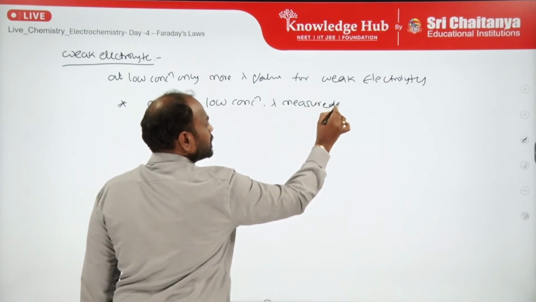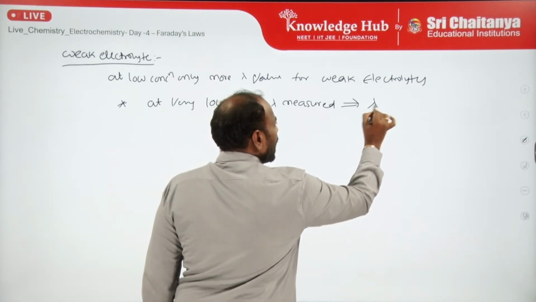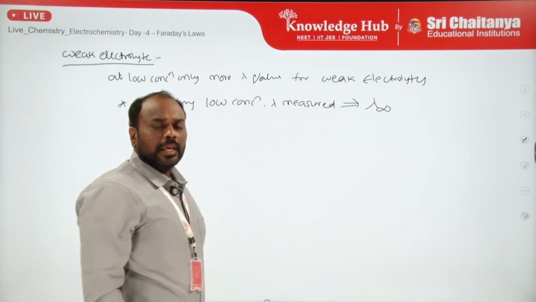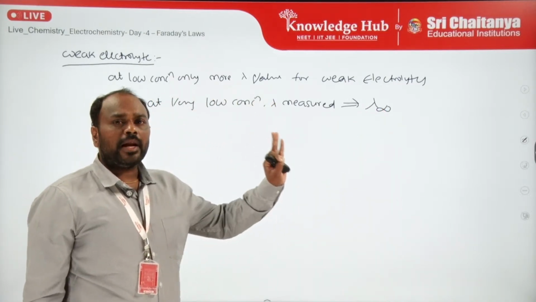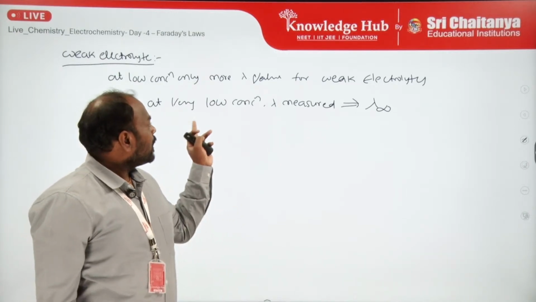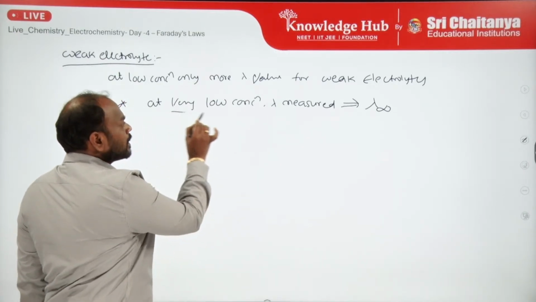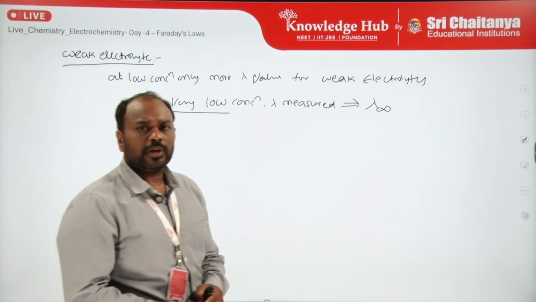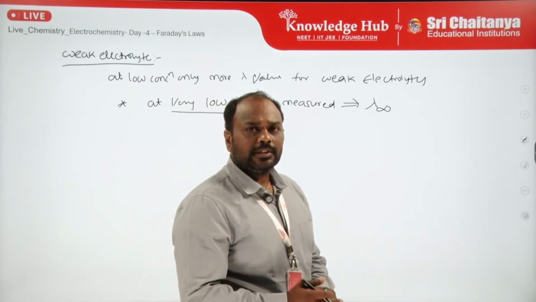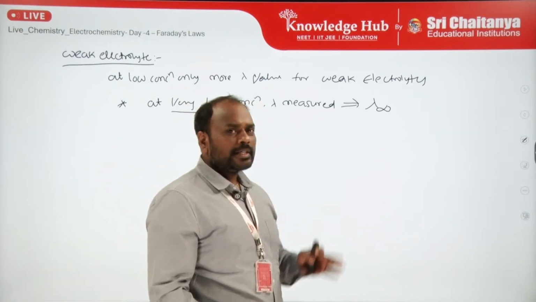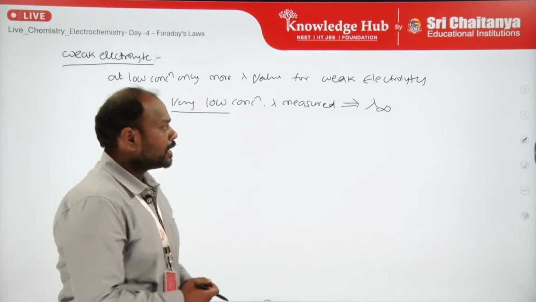that is called lambda infinity, equivalent conductance at infinite dilution. Lambda value is measured at which condition? Very low concentration. At very low concentration it is measured, so that's why it is called lambda infinity.